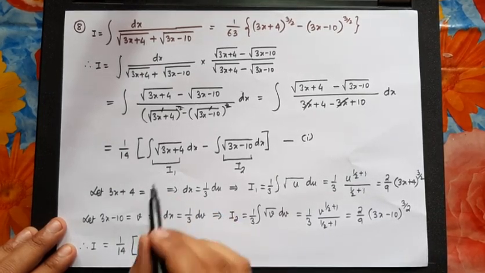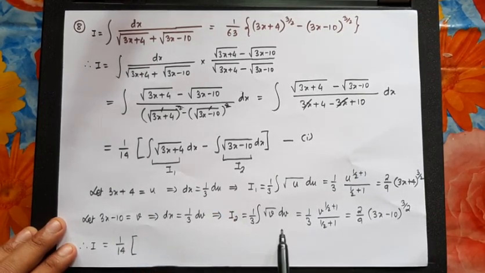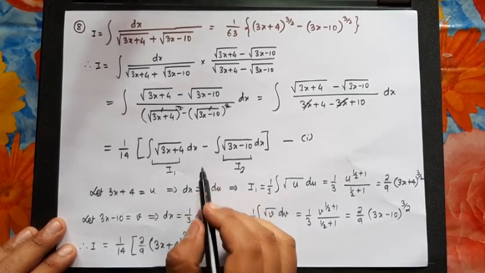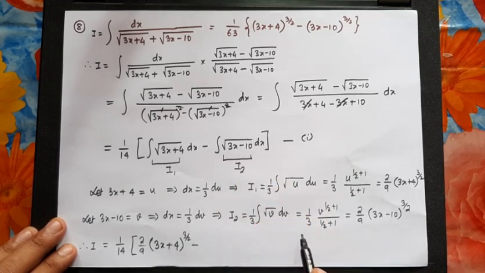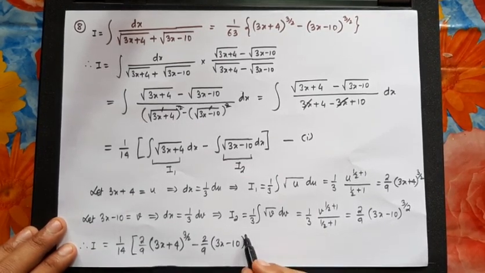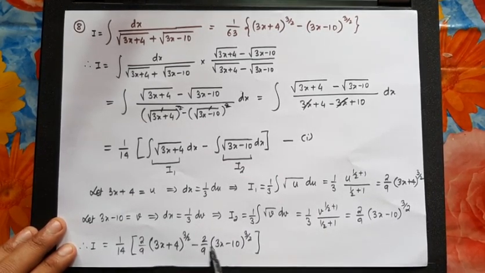Now we have got I1, and how much is I1? I1 will be equal to 2 by 9 into 3x plus 4 to the power 3 by 2, minus, and how much is I2? I2 is 2 by 9 into 3x minus 10 to the power 3 by 2, right? So again you can take out 2 by 9 common, just write the constant of integration.